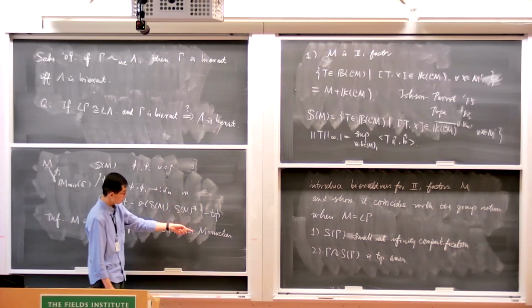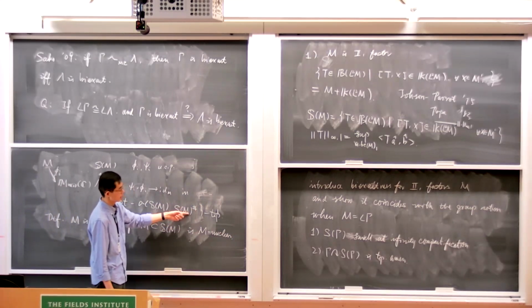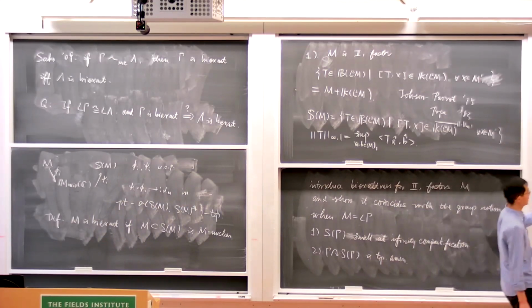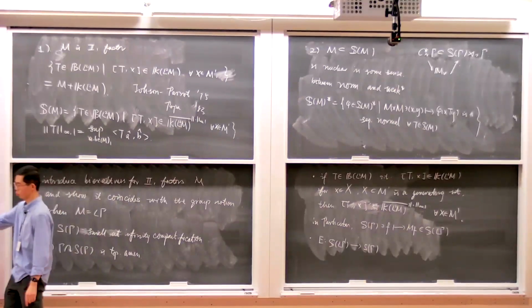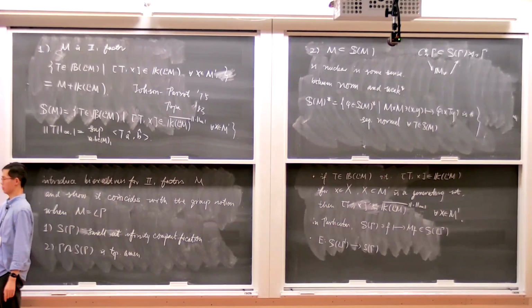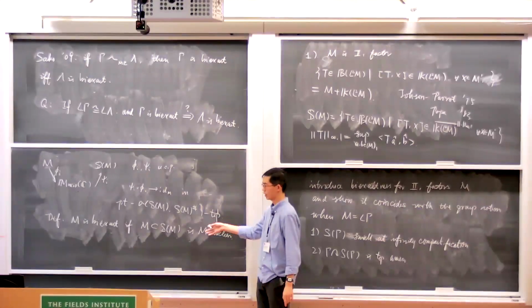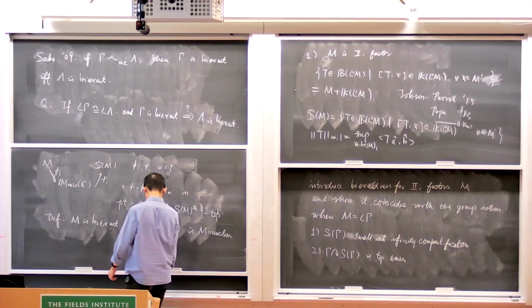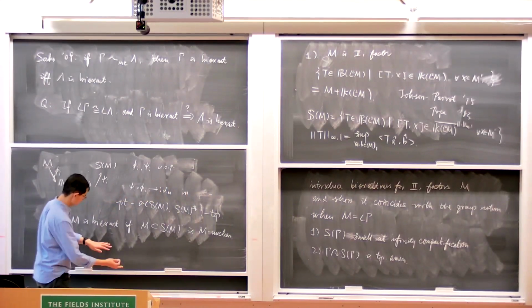We call this M-nuclear because the definition of the sharp space depends exactly on the normal topology of M. So that convergence depends on which von Neumann algebra you choose. For example, if you choose M to be the scalars, then that will exactly be the norm nuclearity. So it's an M-dependent definition.